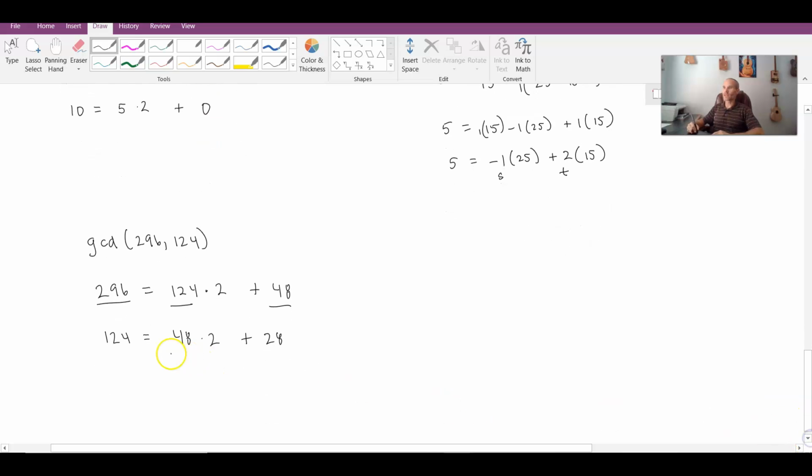Next, we'll go ahead and focus on 48 and 28. And 28 goes into 48 1 time, leaving a remainder of 20. And now we can focus on 28 and 20. 20 goes into 28 1 time, leaves a remainder of 8.